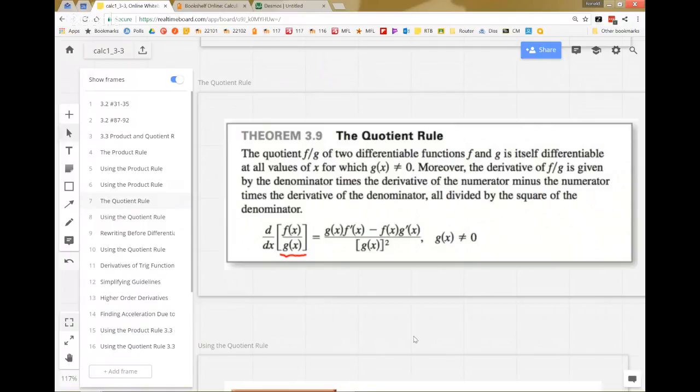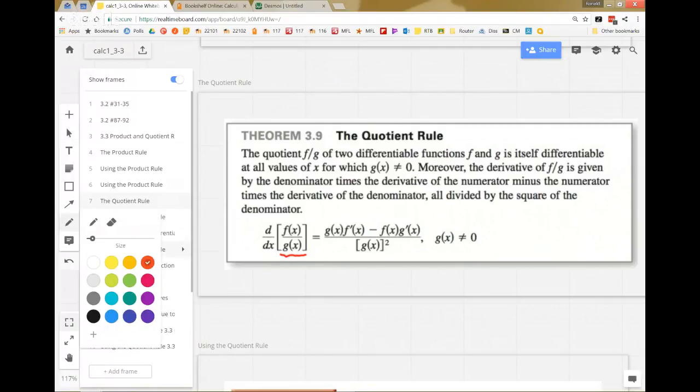So here it is, and sorry, this doesn't get any shorter than this. When you have f of x divided by g of x, the derivative is the denominator times the derivative of the numerator minus the numerator times the derivative of the denominator, all over the denominator squared. They've got the words up here.